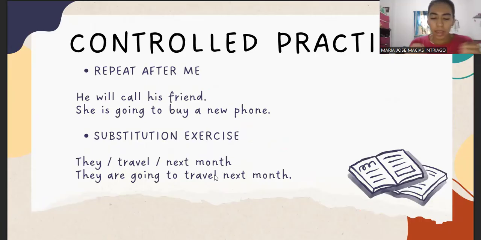Then we do a situation exercise. The example is: they are going to travel next month. They are going to travel next month. This reinforces the correct structure through controlled practice.